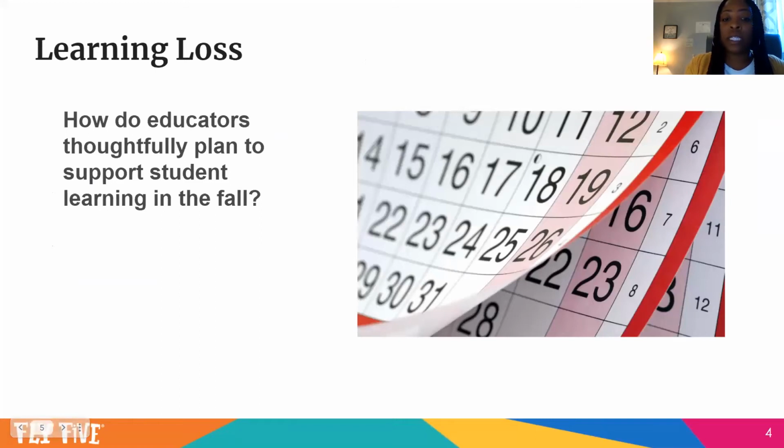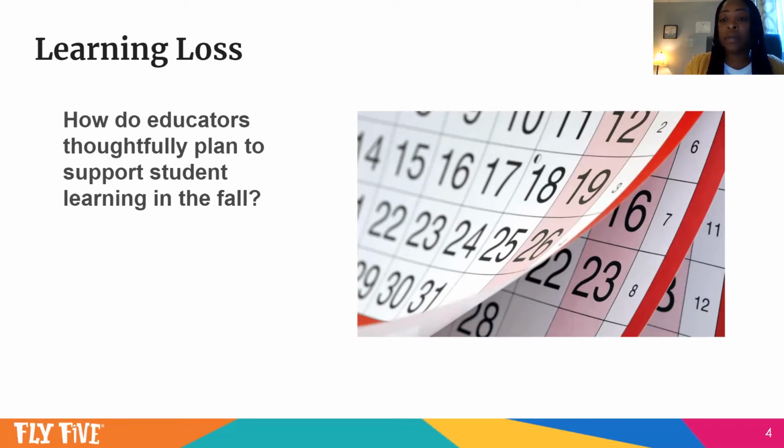According to McKinsey and Company's COVID-19 and learning loss report, students who were already behind academically before COVID-19 are expected to have the most severe learning losses.